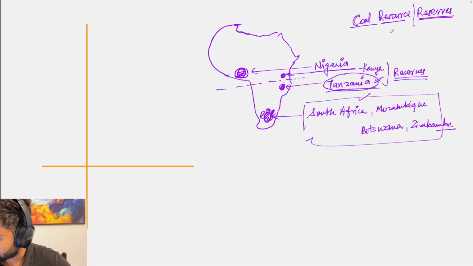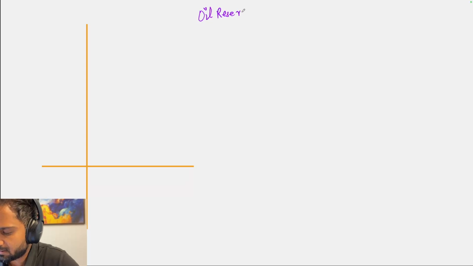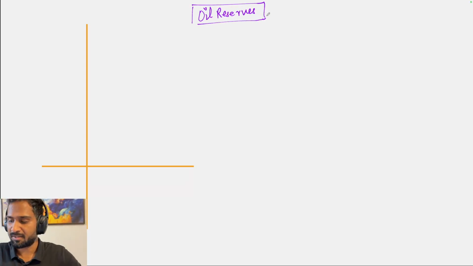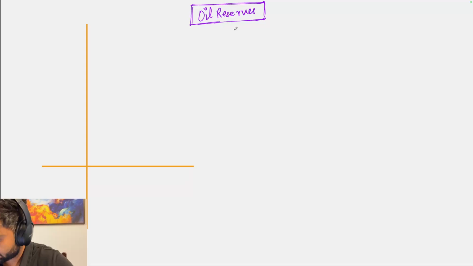Let me create a separate diagram for oil reserves, क्योंकि oil reserves are significantly rich in African continent. So oil reserves, first reason would be, let me draw the map for it first.